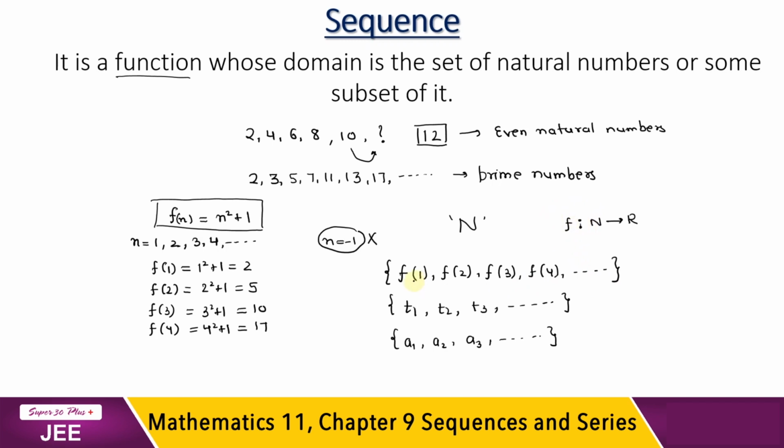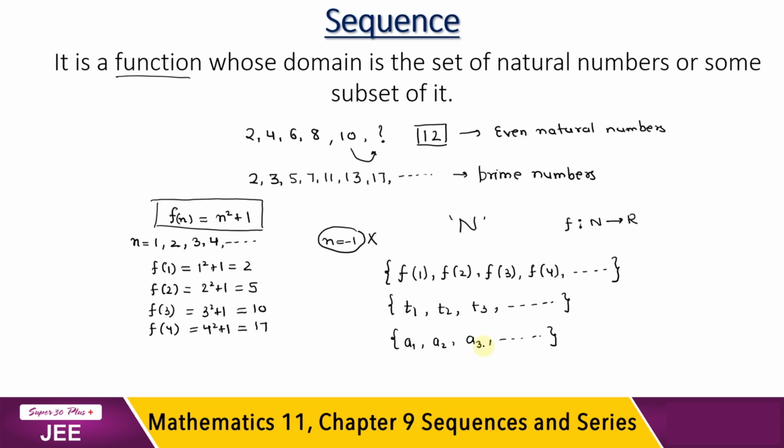Alright, so I can write it down as f of 1, f of 2, f of 3, f of 4 and so on, or this can also be written as t1, t2, t3. Here the lower subscript represents the position of the term, or I can also write it in the form of a1, a2, a3.